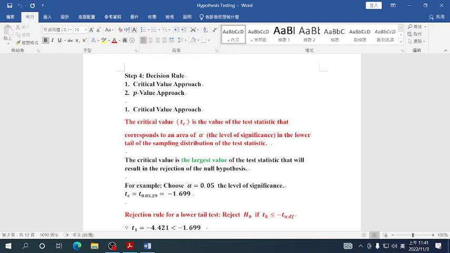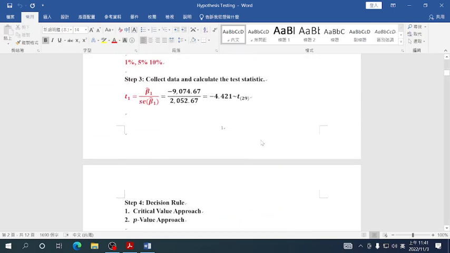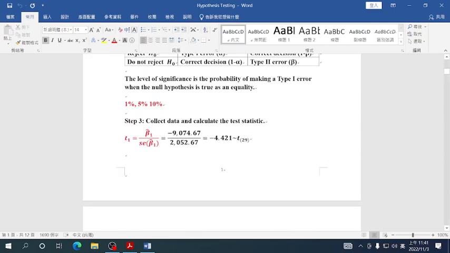Okay? But what do I have for my test statistic that I just calculated? It is negative 4.421. So where is it? This is negative 1.699. And where is negative 4.421? It's far away from 1.699, right? So it falls on the rejection region.